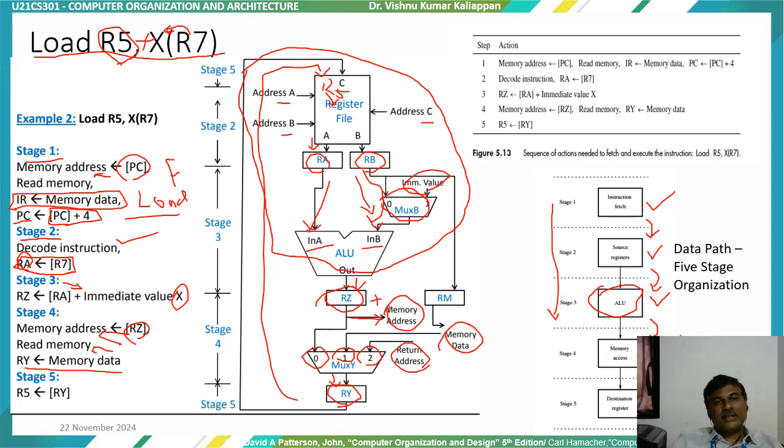This entire process I have already given as a simulation, and we have also practiced using the simulator. These are the sequence of steps I have just explained. First, the program counter holds a memory address, read the memory, move to the instruction register, and increment the program counter. After that, decode it, and then do the arithmetic operation.